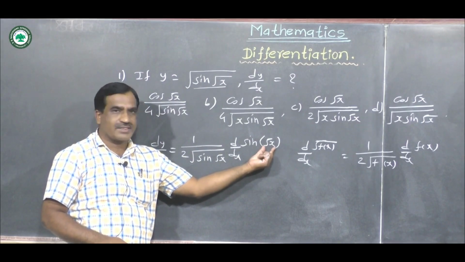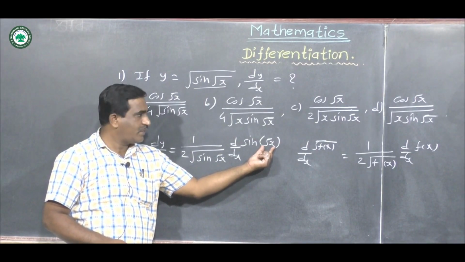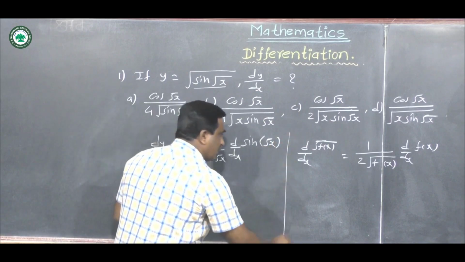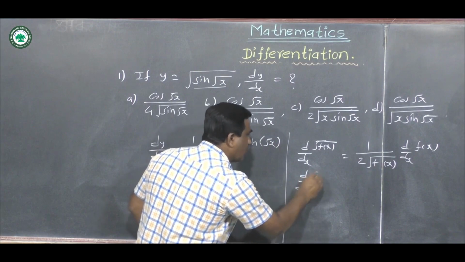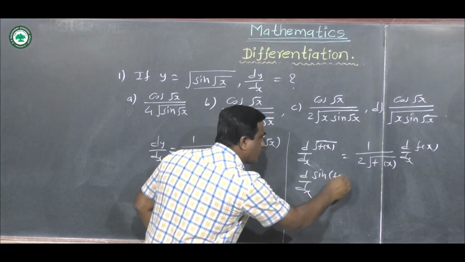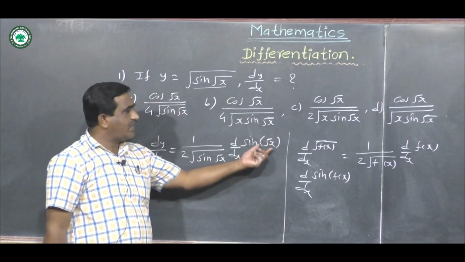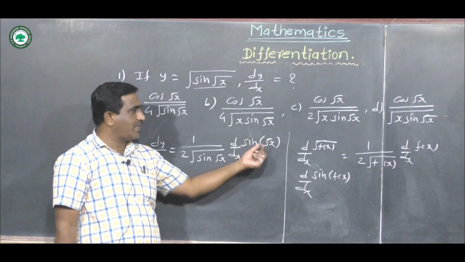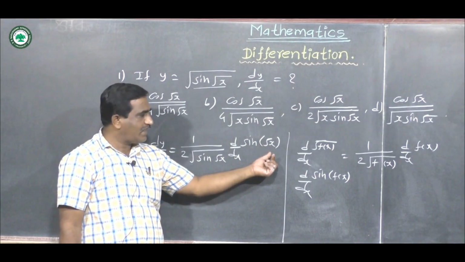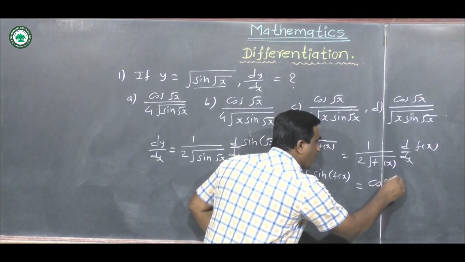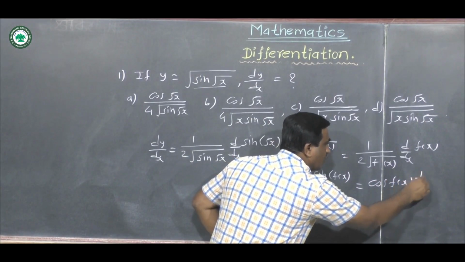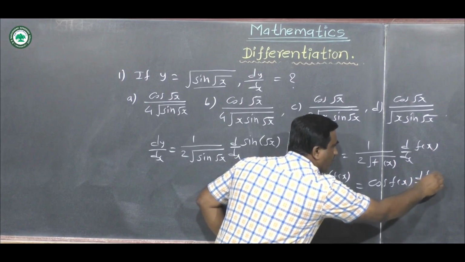Suppose this root x is f of x. We can use the second formula: dy dx of sine of f of x is cos of f of x into dy dx of f of x.